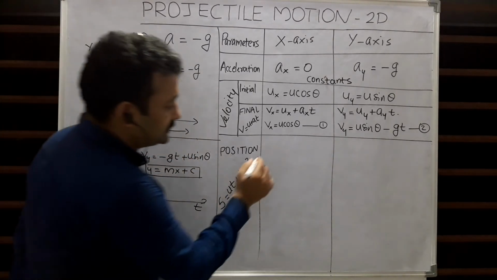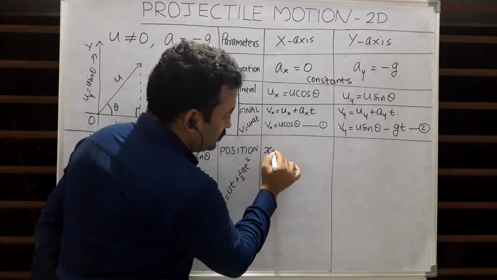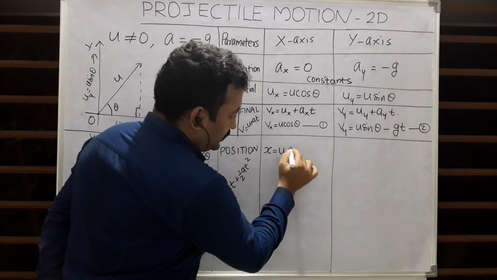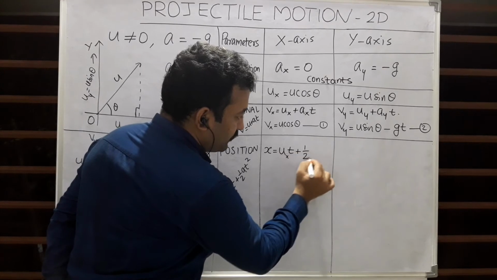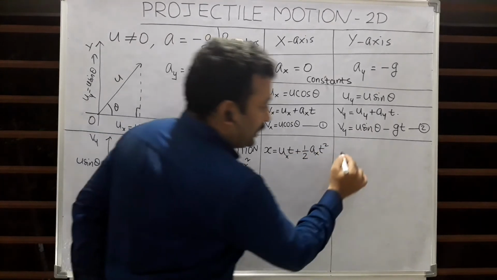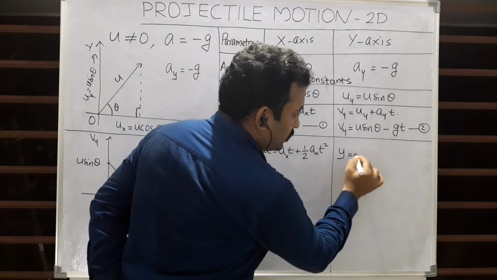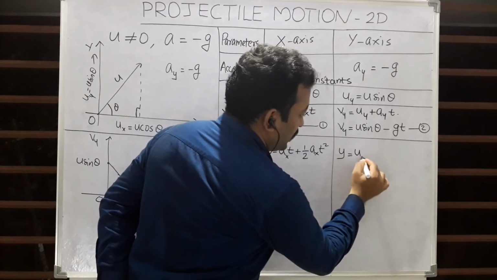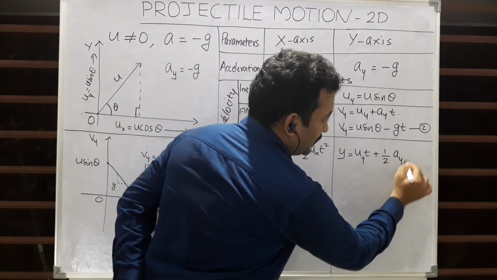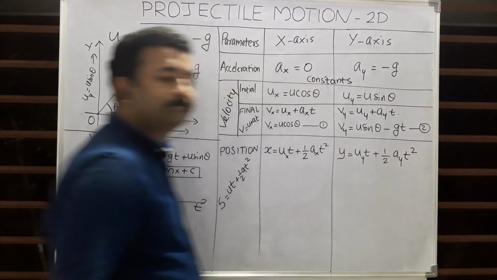So for the x axis I can write it as x is equal to u_x t plus half a_x t square, and for the y axis y is equal to u_y t plus half a_y t square.